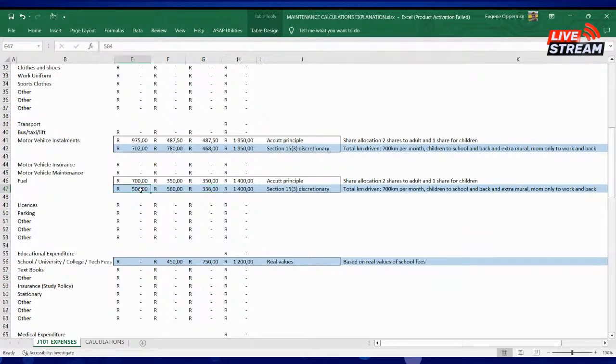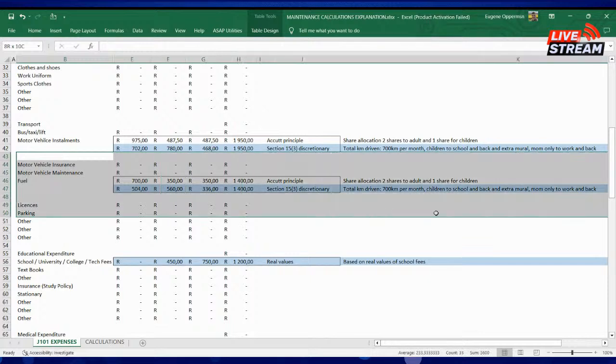Now we can actually work it out, and this looks much more fair and reasonable on paper, because then you can prove and justify that for the 6-year-old, 504 Rand is spent in terms of fuel, 560 for the 17-year-old, and then for mom, 336 Rand, or whatever the case might be.